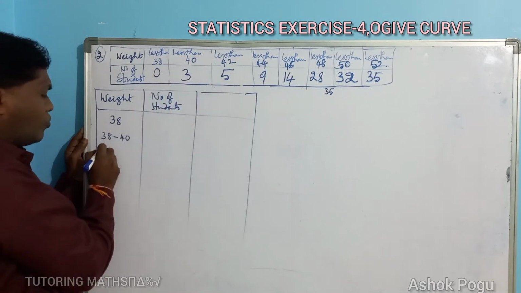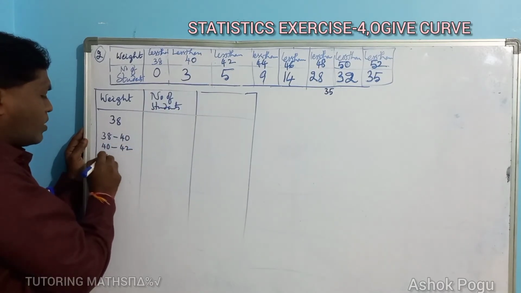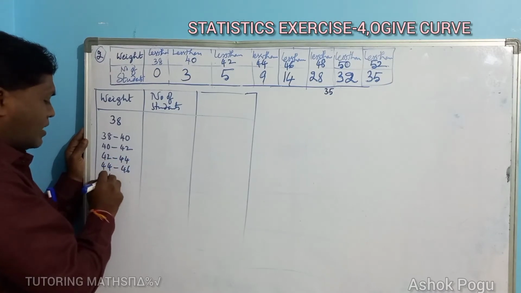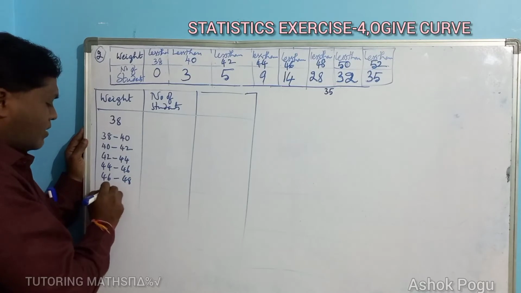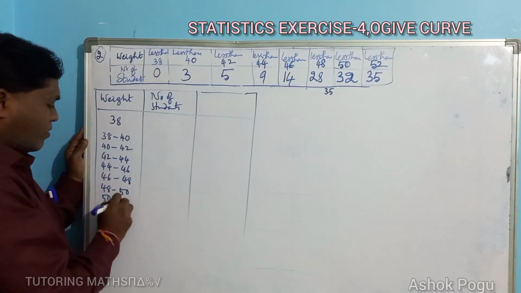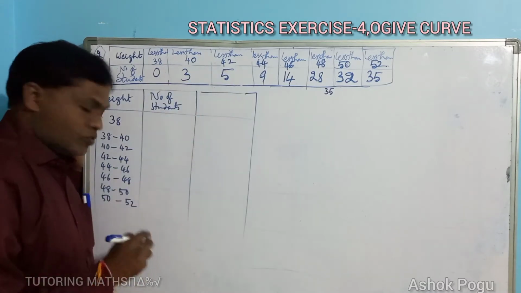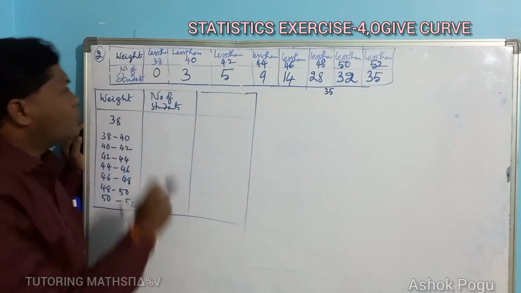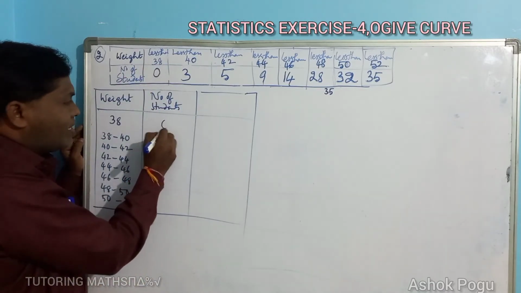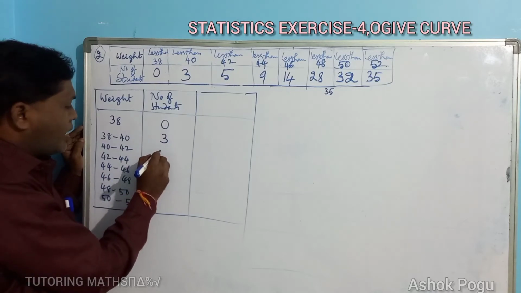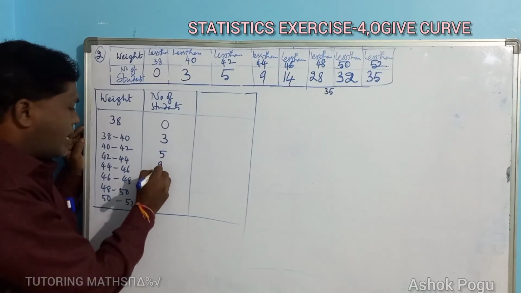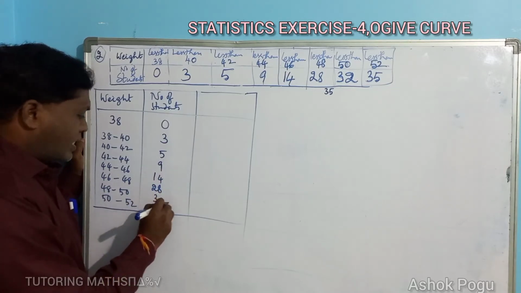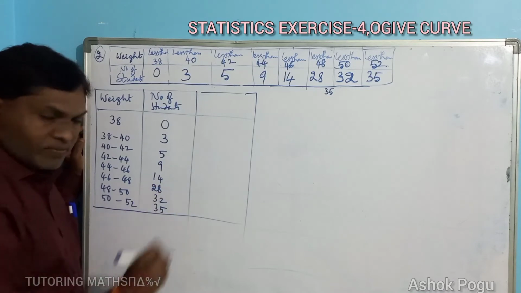Less than 42, 40 to 42, 42 to 44, 44 to 46, 46 to 48, 48 to 50, 50 to 52. So that is less than 52. And coming to the second values, the number of students are given like this: 0, 3, 5, 9, 14, 28, 32, and 35.